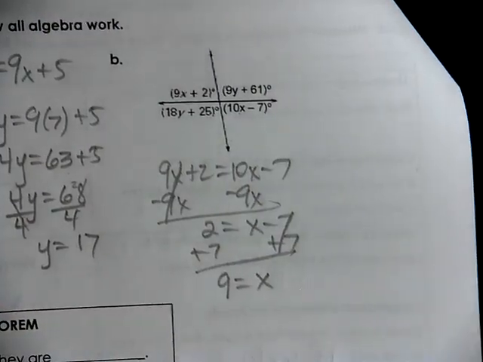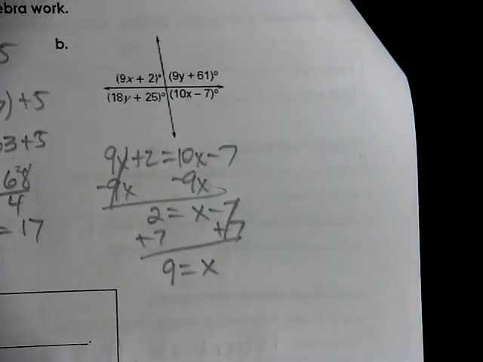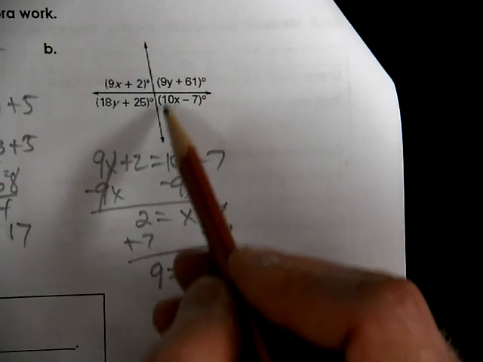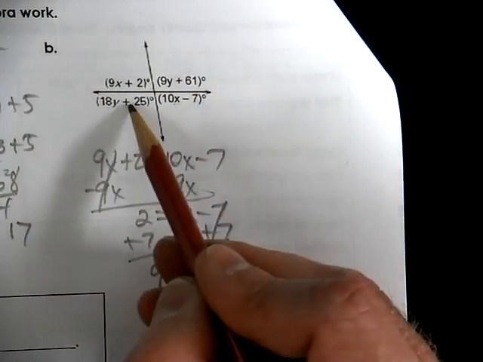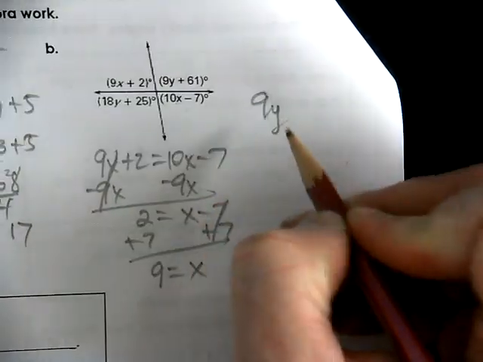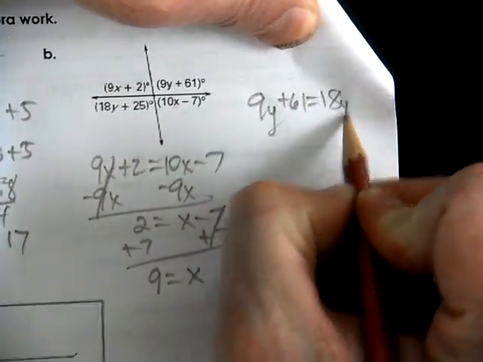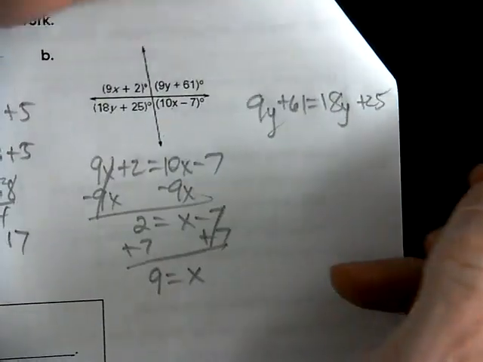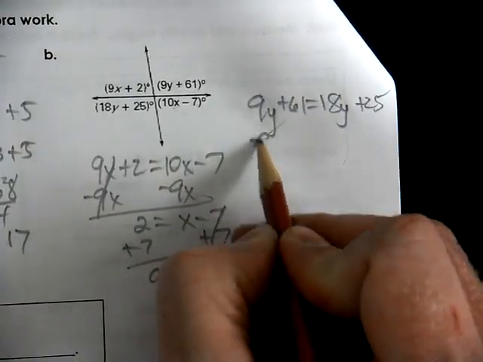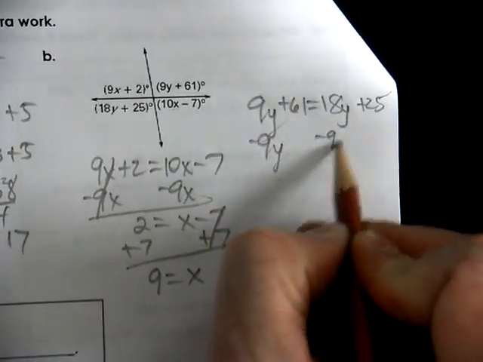So we know that x is 9. And then we can come over and notice the y's are across from each other. So 9y plus 61 is going to equal 18y plus 25. I can move my 9y over.